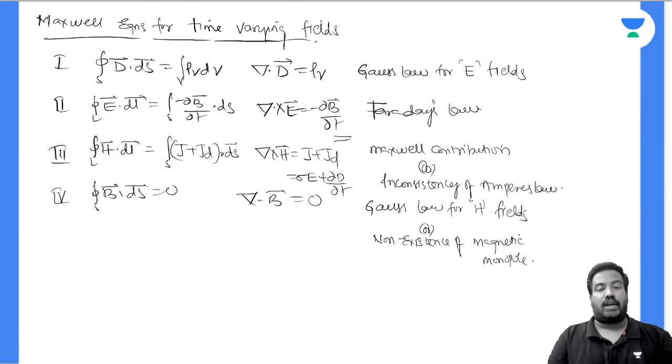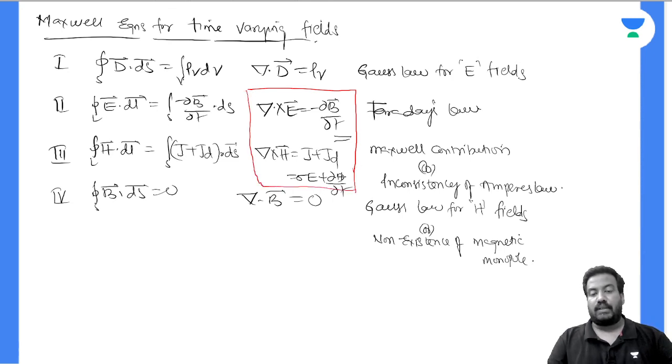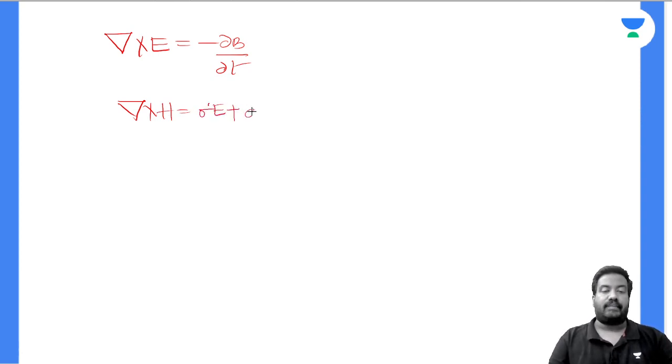And if you observe these two equations, you can find something typical in them. Del cross E is minus dou B by dou t. Del cross H is J plus JD.